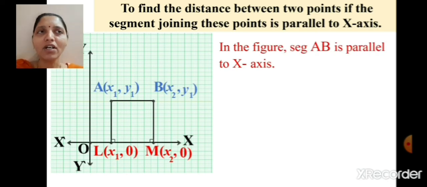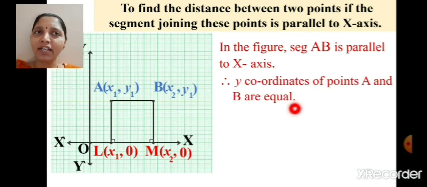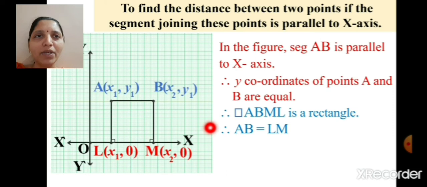In the figure, segment AB is parallel to the x-axis. Therefore the y coordinates of points A and B are equal. Therefore quadrilateral ABML is a rectangle. Here also we can see in the figure that this figure is a rectangle. Therefore AB is equal to LM.